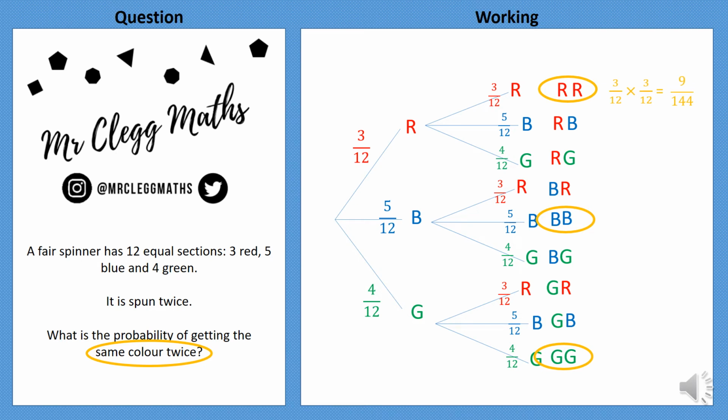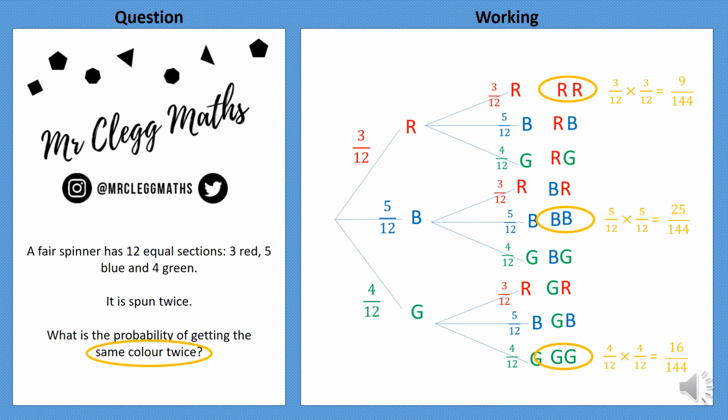That gives me 9 over 144. For the blue, then the blue, it's 5 12ths multiplied by 5 12ths, because they're the 2 independent probabilities of getting blues. That's 25 over 144. And for the green and the green, it's 4 12ths times 4 12ths, which is 16 over 144.